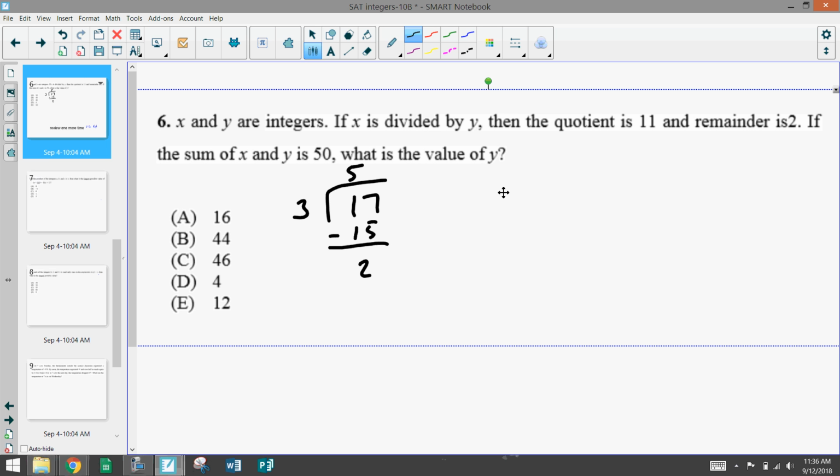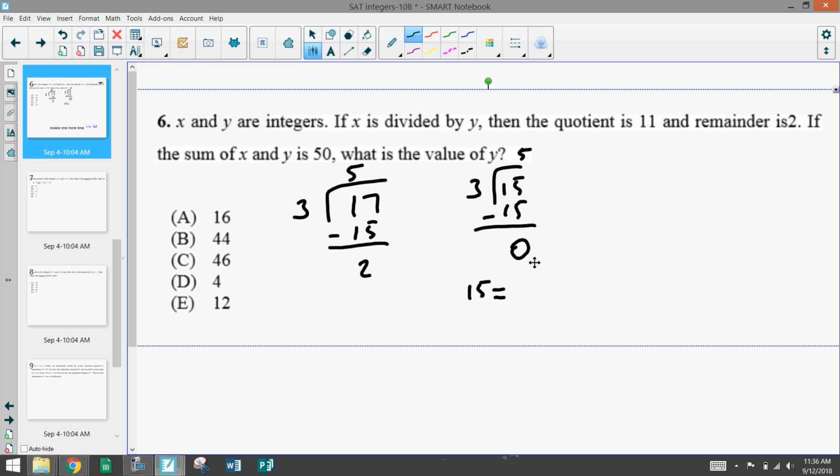One more. 15 divided by 3. Of course, it's 5. 3 times 5 is equal to 15. Subtract, remainder is 0. So what I understand from here, the second one, 15 is equal to 3 times 5, right?